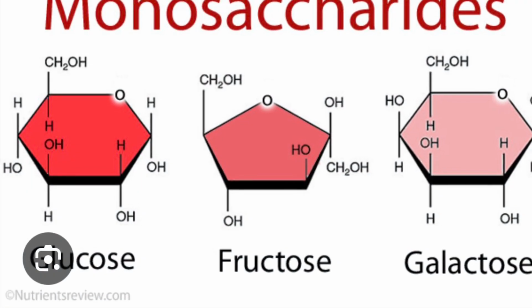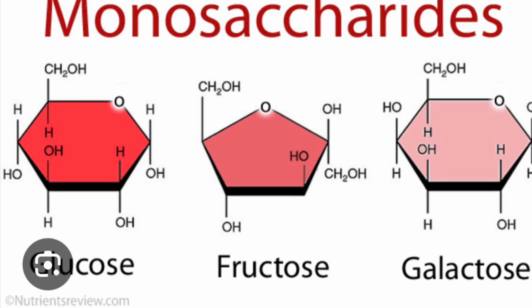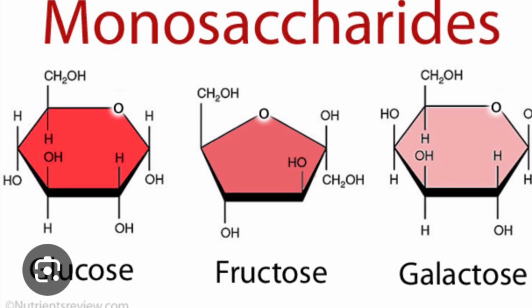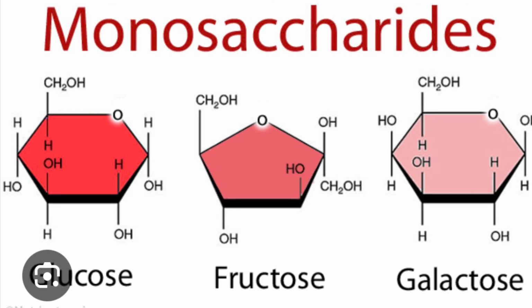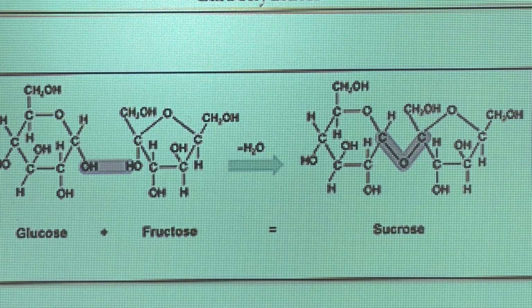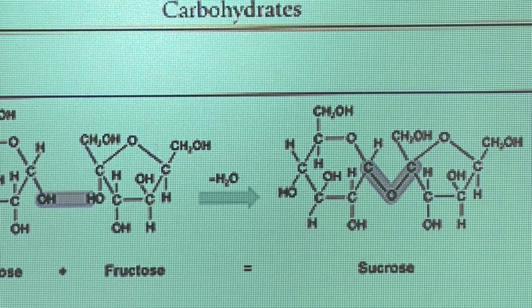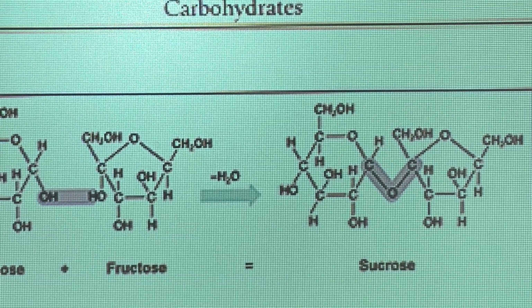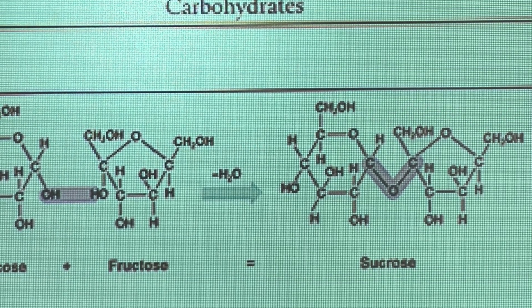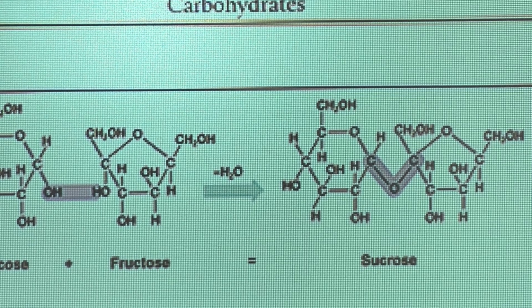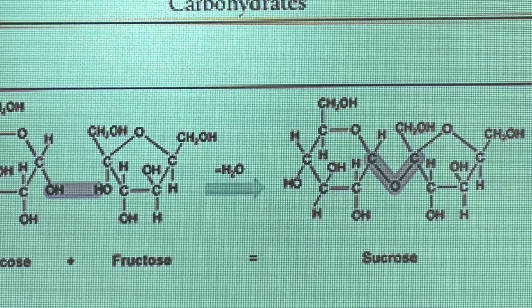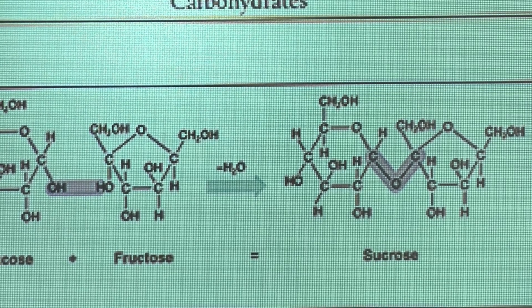Well, here's a look at the chemical structure of the monosaccharides, glucose, fructose, and galactose. Take a look here now. On the left, we have glucose and fructose. On the right, we see that those two sugars can combine to create a double sugar known as a disaccharide.